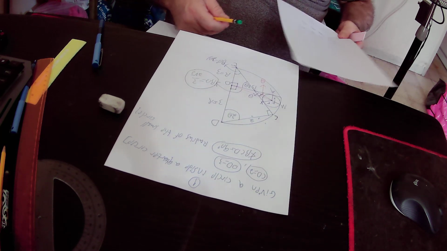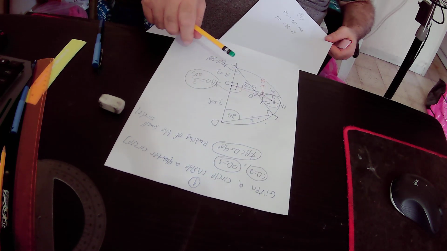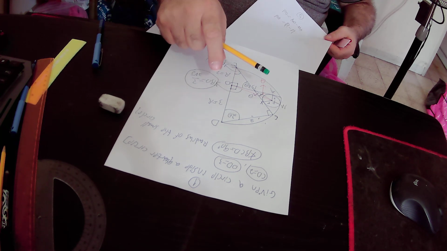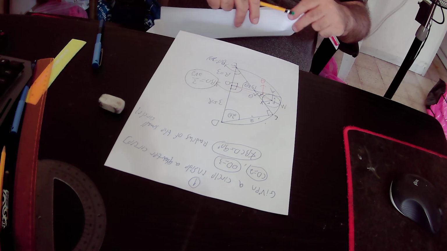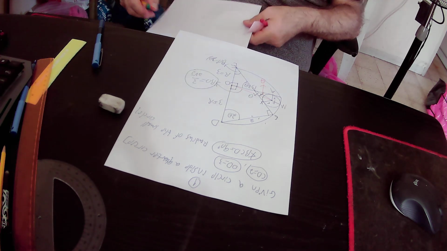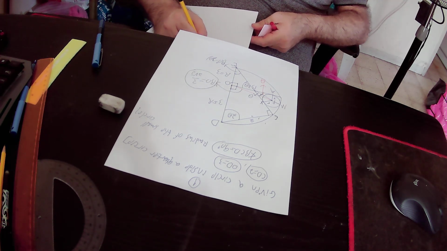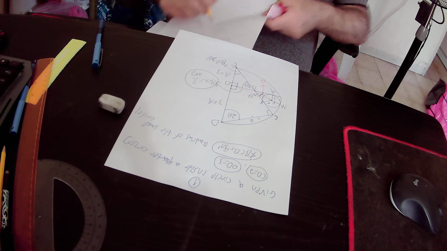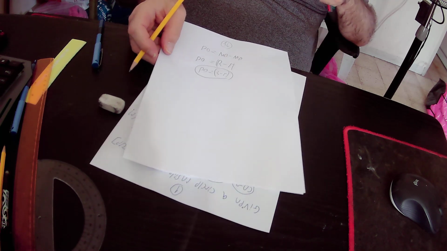But it is given in the question that capital R, or DO, equals 3 units. So we substitute capital R by 3. PO equals 3 minus r.